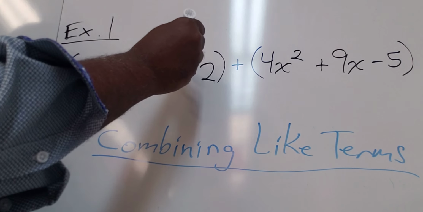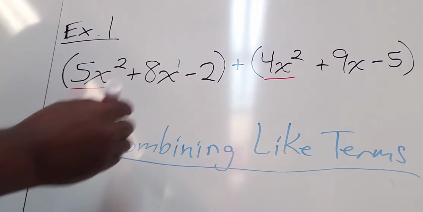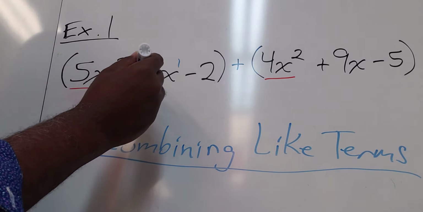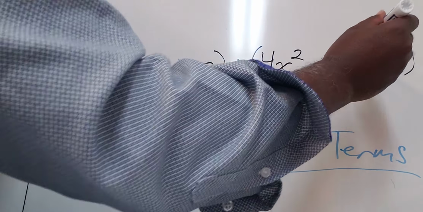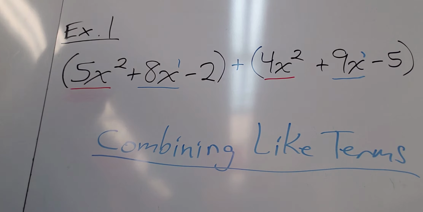It's not a like term. But over here, we do have a 4x squared, and those would be like terms. Same thing, we talked about this 8x to the first power. Remember, if you don't see an exponent on a variable, the exponent is 1. And so these both have x to the first power, they're like terms.